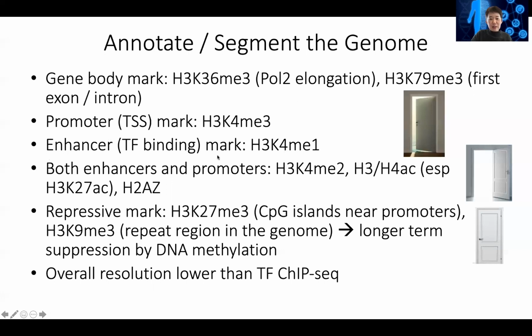In the enhancer regions or the transcription factor binding sites, if there is an H3K4 monomethylation mark, it means that this region has the promise to be bound by the transcription factor, even though that region may not be heavily bound yet.